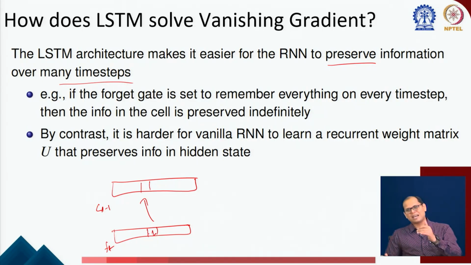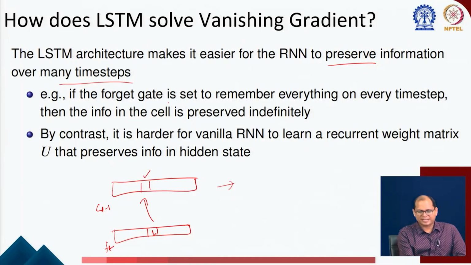So, there is a facility now, right, by which you can retain some information over many time steps. This facility was not at all there with RNNs. This is coming through use of gates in the LSTMs and other similar units.